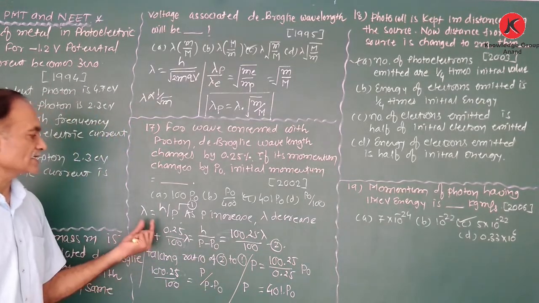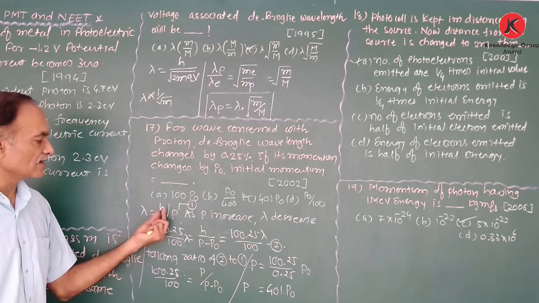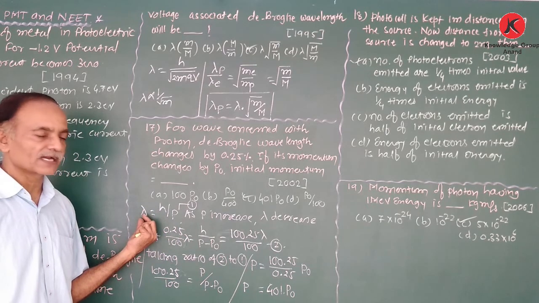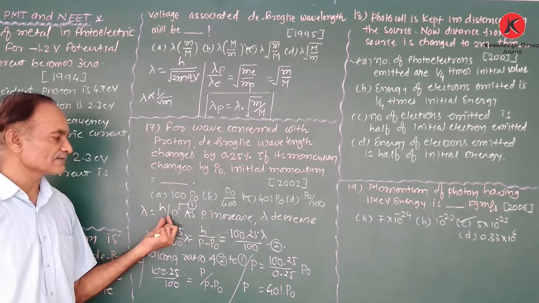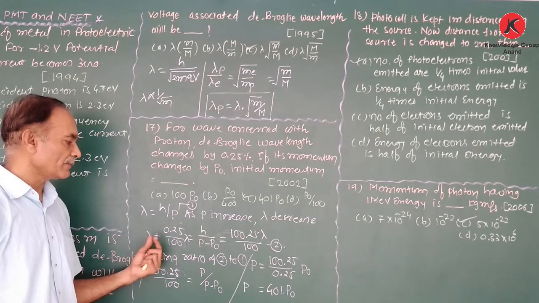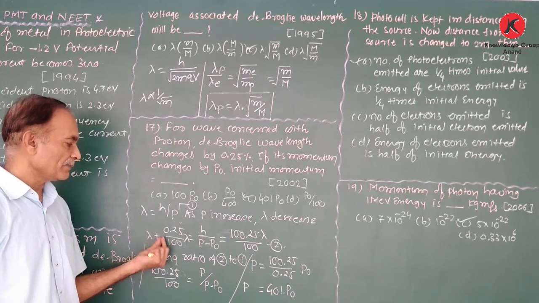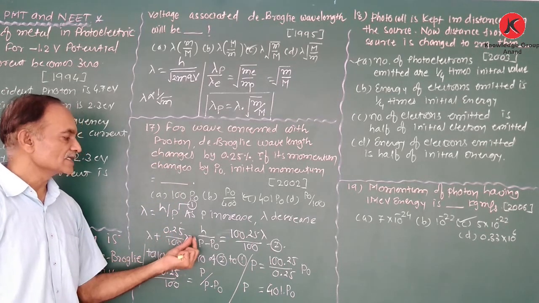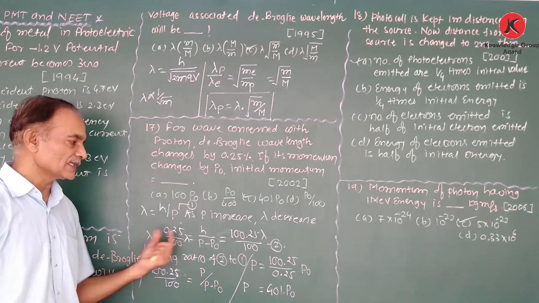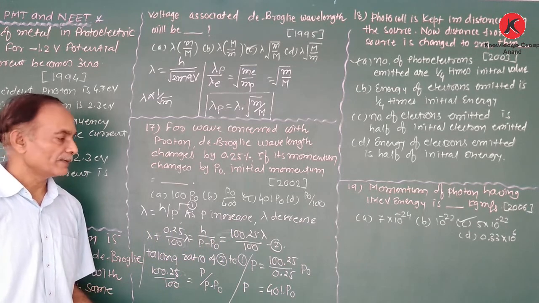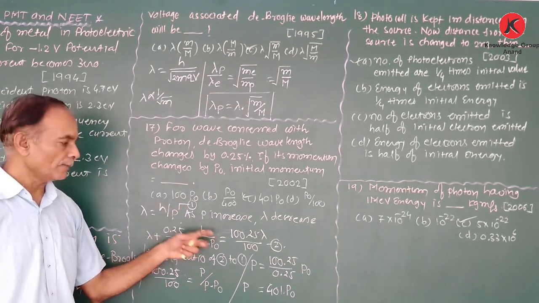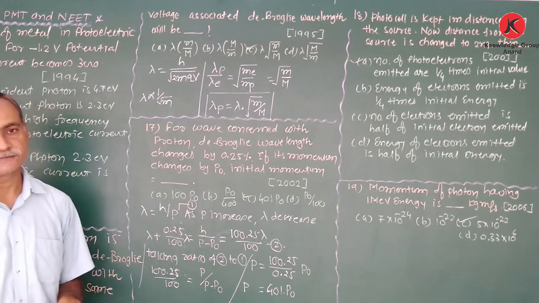Again, by using the concept that the de Broglie wavelength is equal to h upon p. From this equation, as p increases, lambda decreases, or as lambda increases, p decreases. Here lambda increased by 0.25%, therefore lambda plus 0.25 lambda is equal to h upon (p minus p0). Let me simplify this, so 100.25 lambda upon 100, but now taking the ratio of equation 2 to 1.